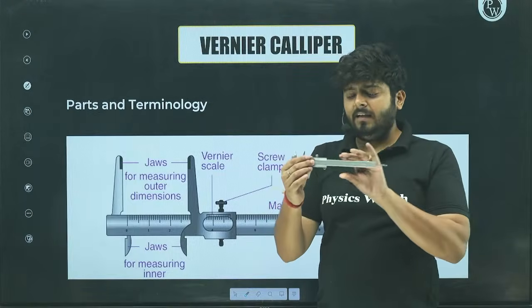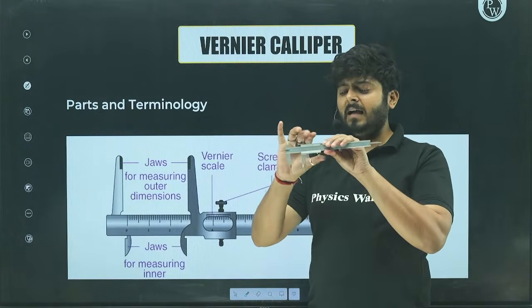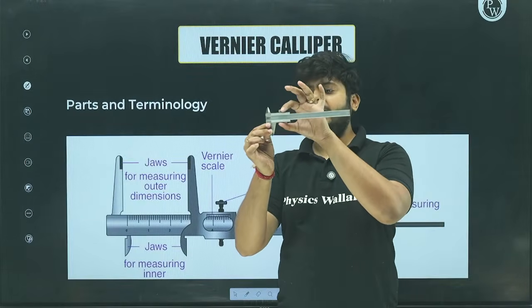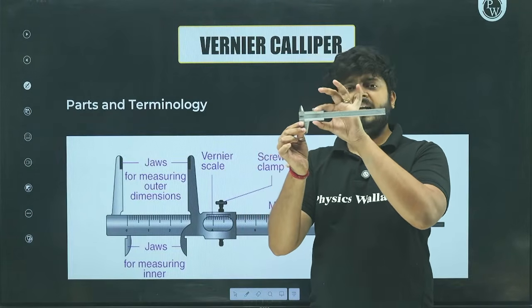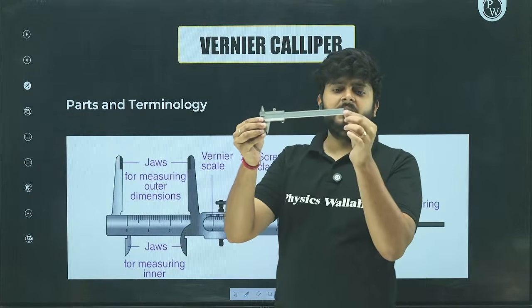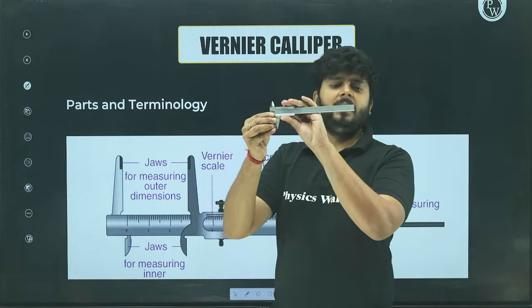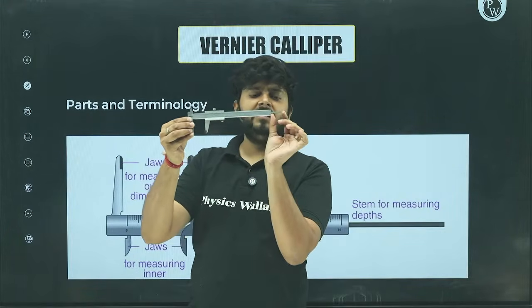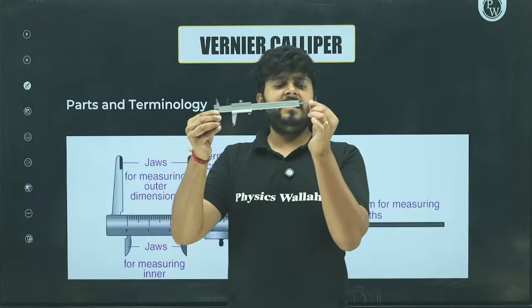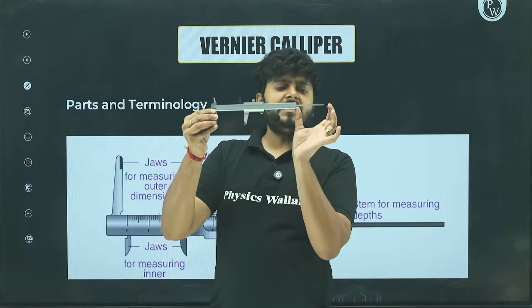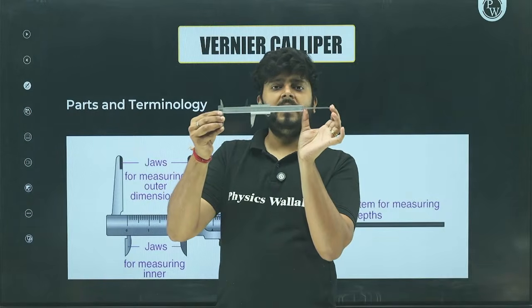And other than that, you see, as I start sliding the Vernier scale on the main scale, you see that something pops out on the other corner, right? Here I am sliding it by a little amount, and you see that this stick-like thing is popping out, and if I slide it even further, that stick is also sliding even further, right?